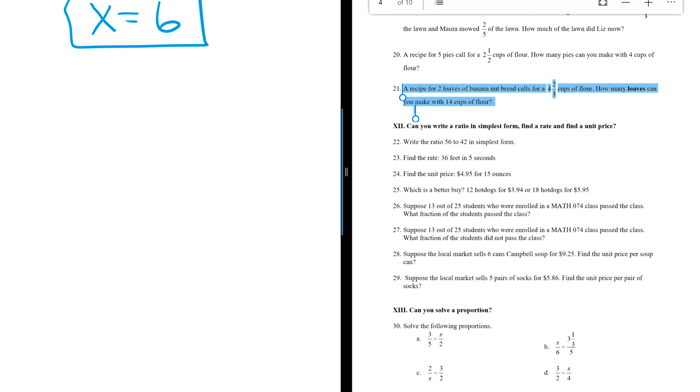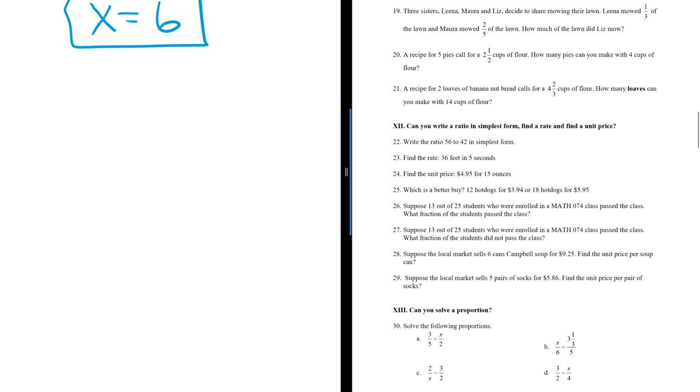Ratios, you remember ratios. Write the ratio 56 to 42 in simplest form. That's number 22. Okay, so that means 56. I've got to write it in simplest form, so I have to write it in fraction form. 56 to 42. And then we'll simplify that.